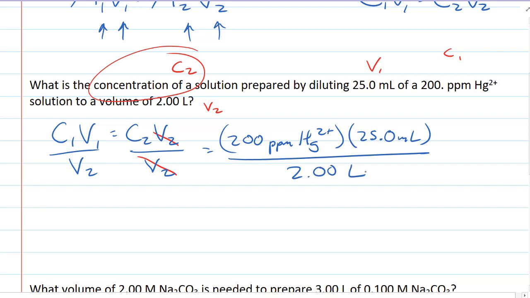Of course, now what do we need to do before we calculate anything here? Convert. And what are we going to convert? Liters to milliliters or milliliters to liters. It doesn't matter. Just remember that your volumes must be the same units.